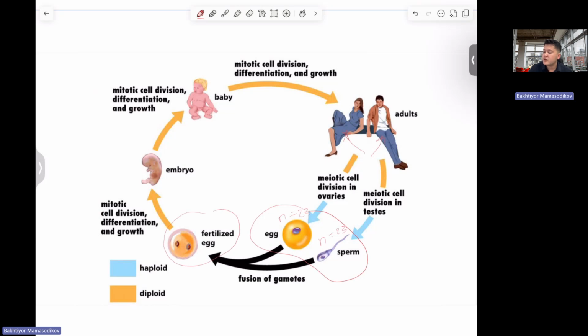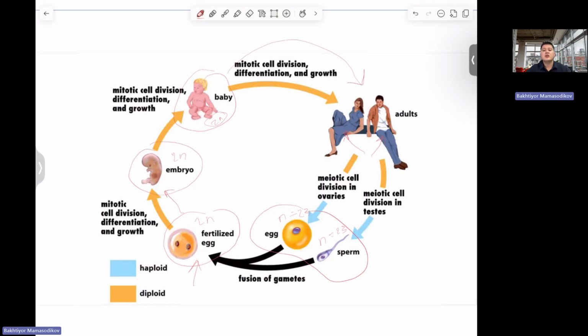When the sperm fuses with the egg cell, in fertilization, they make the zygote. The zygote has the diploid number of chromosomes, and it then makes the embryo, which is also diploid, and the baby grows with mitosis, where diploid cells divide. So at the end we age.